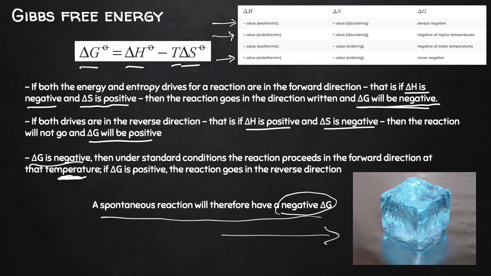We have solid water, we have ice, we know that it melts at 273 degrees Kelvin. Below that temperature, that reaction will proceed in the reverse direction. We will have liquid going to a solid state.